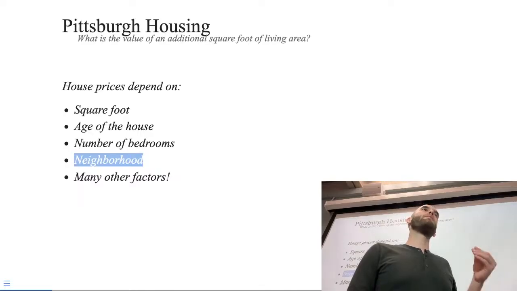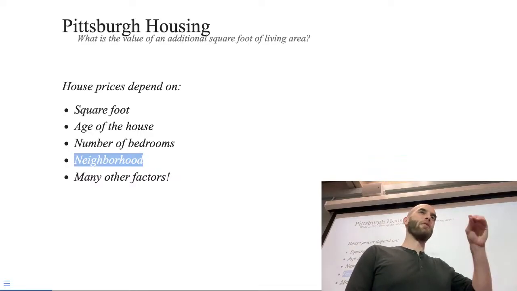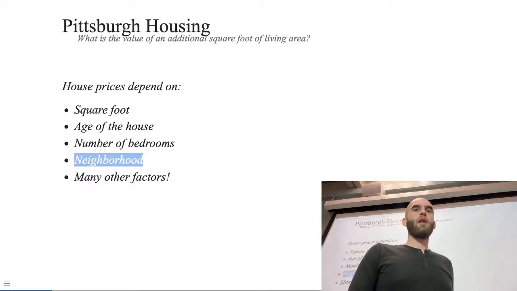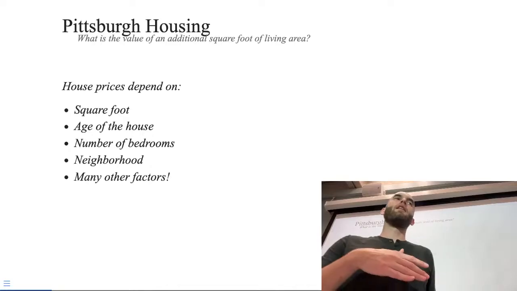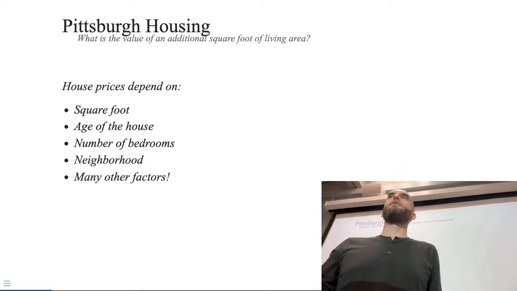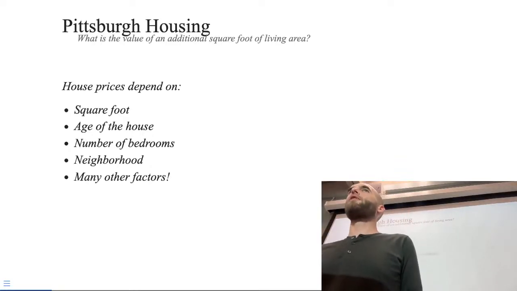In a lot of ways, a big part of the value of a house is what you can get to directly around it. But these are just a few of the things that impact the value of the house. There is a huge list of these things, and generally we don't have data on all of the factors that contribute to house prices.